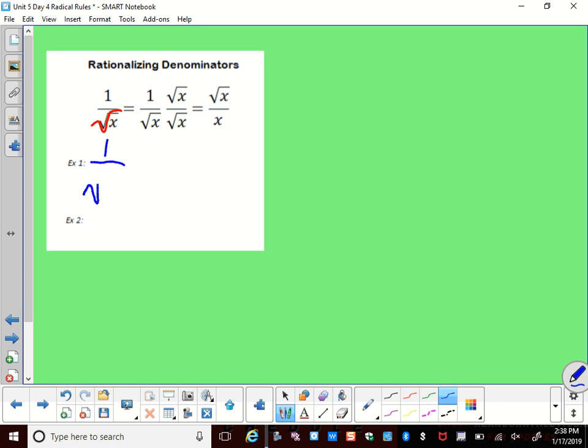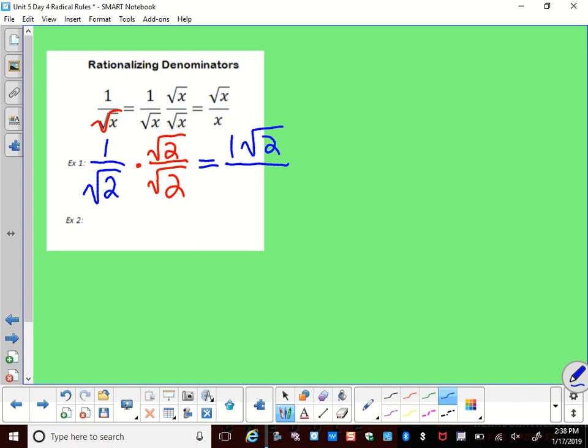Let's say that I have 1 divided by the square root of 2. That's my problem. I don't like that I have the square root of 2 on the bottom. So I am going to multiply by my denominator, which is basically like multiplying by 1. On top, I have 1 times root 2.